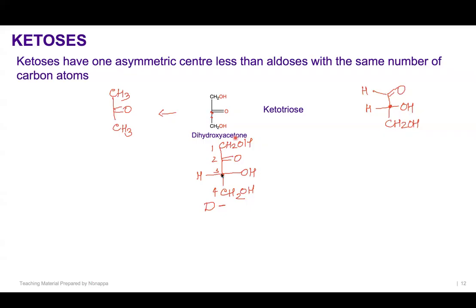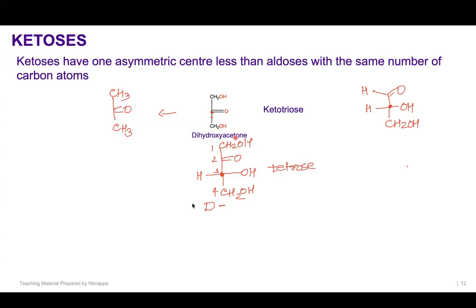Now we can continue, but one important thing is that when we had tetroses in the case of aldoses, we already had 2 D sugars, because even at the triose stage we had a chiral center. Here we are introducing a chiral center for the first time. That means we have half the number of possible D sugars in the case of ketoses compared to aldoses.